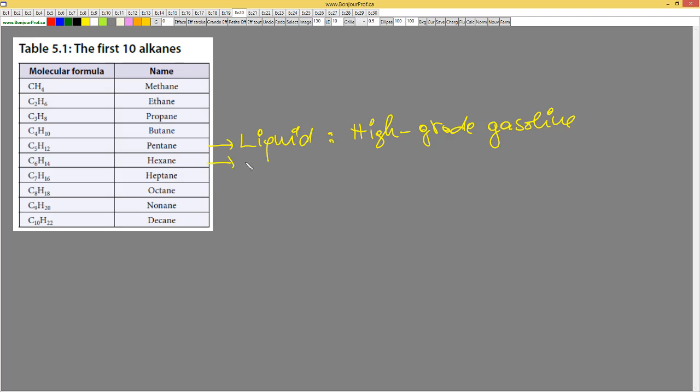What about hexane? Also liquid. Now, all of the remaining are liquid. Hexane, we find it in naphtha. What about heptane? Also liquid. We find it in gasoline.